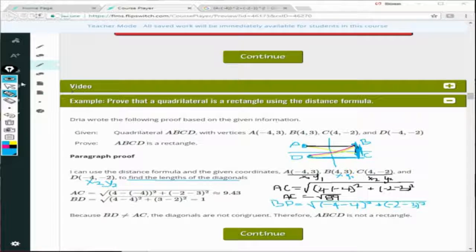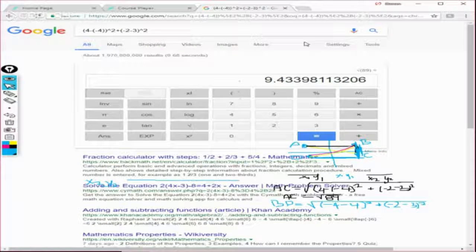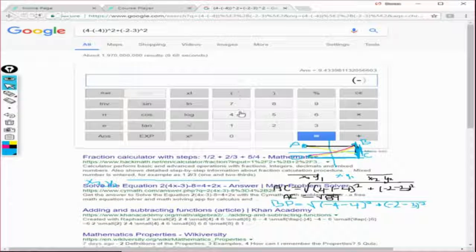So then I'm going to click on my calculator again, type in parentheses negative 4 minus 4 parentheses squared plus parentheses negative 2 minus 3 parentheses quantity squared.